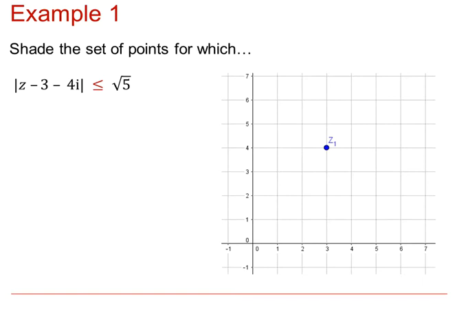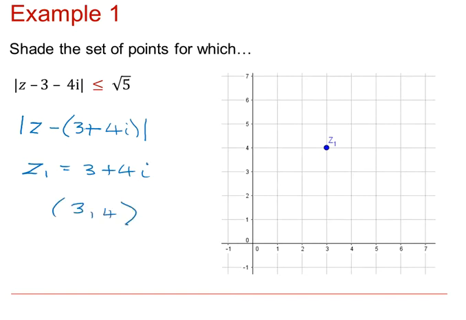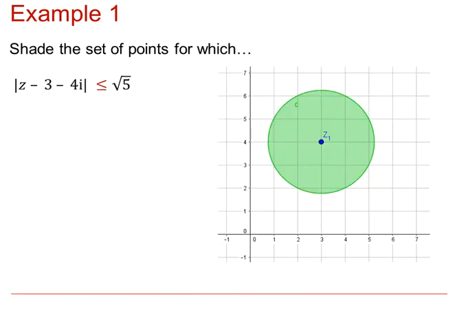Just as we did with the loci, we will rewrite the modulus as z minus (3 plus 4i), which gives us the z1 that we're after at the point 3, 4. This then is the centre of the circle, and the radius of the circle will be root 5.